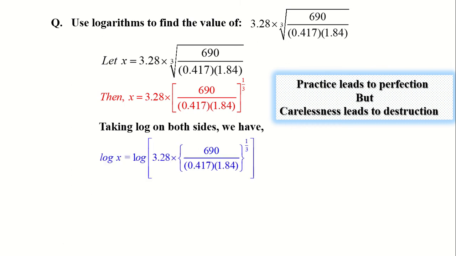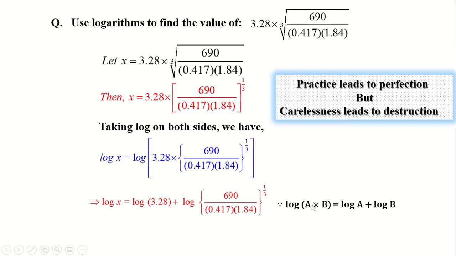We have log x is equal to log of all the given quantity, which contains mainly two factors. One is 3.28 and other third root of these three numbers. So we use first the law of logarithms for multiplication of two quantities with a single log, which is converted into sum of separate logarithms.